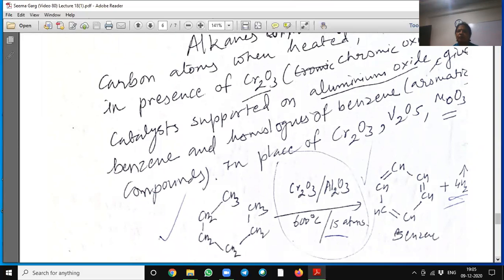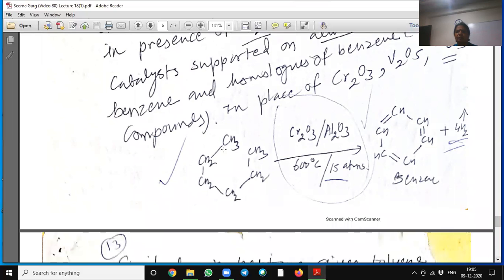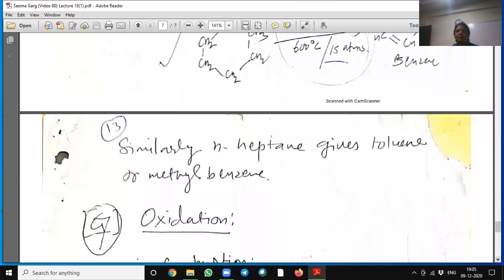In place of chromic oxide, we can use vanadium pentoxide, molybdenum oxide also. So normal hexane, we can convert it into benzene in this condition. Chromic oxide, 600 degree centigrade temperature, 15 atmospheric pressure. Similarly, normal heptane gives toluene or methyl benzene.